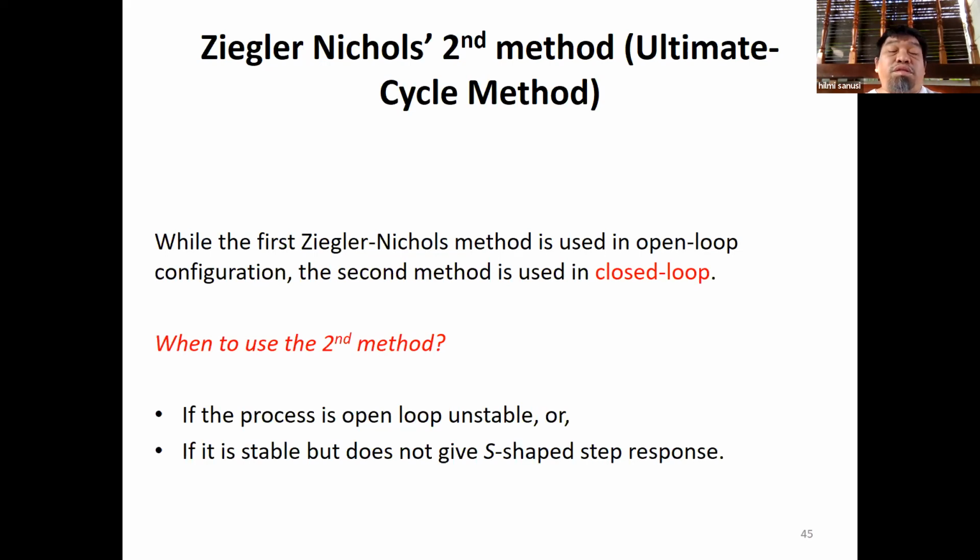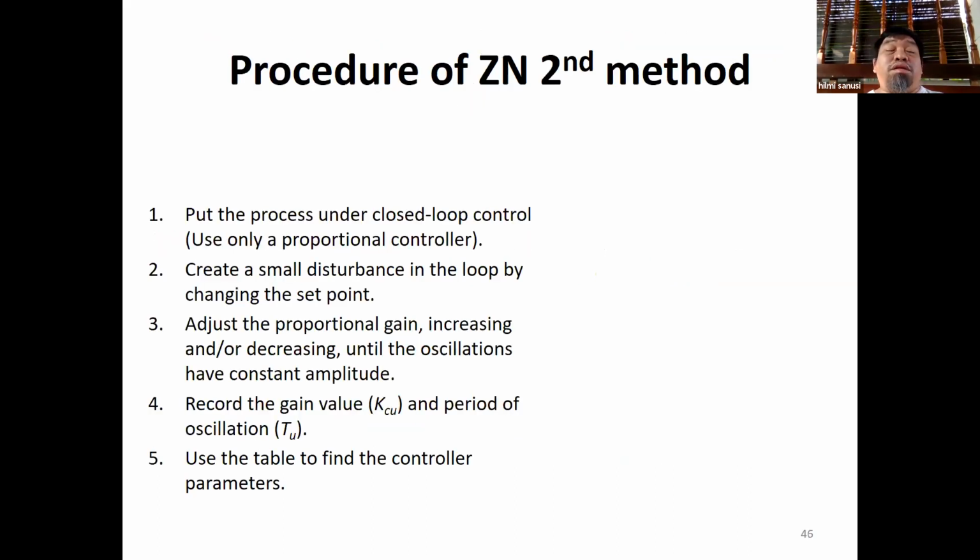So if the process open loop is unstable, or if it's stable but does not give the S shape as you want in the open loop, so dia tak ada dead band. So you cannot find the dead band, and then you cannot find what is the slope. So second method is slightly easier.